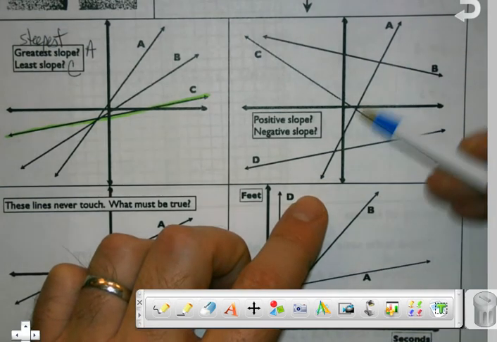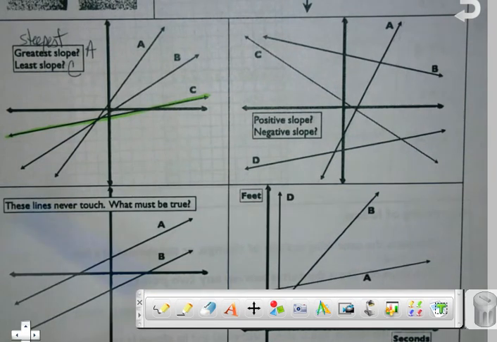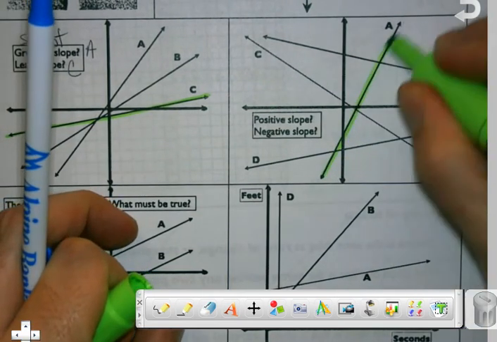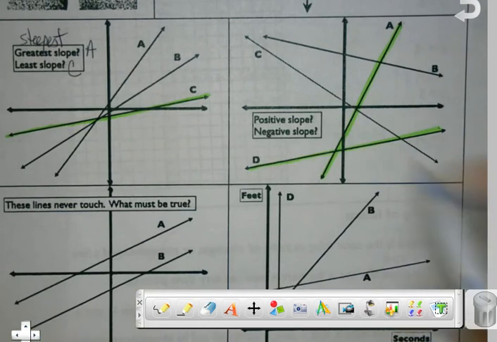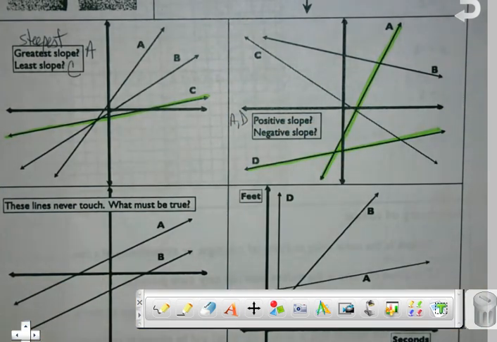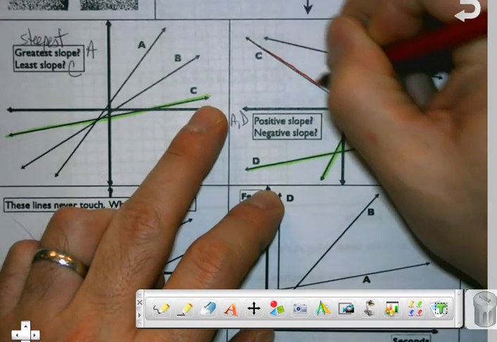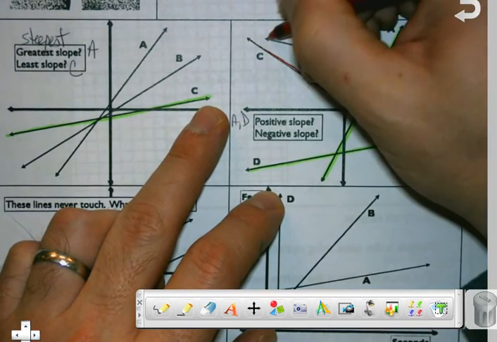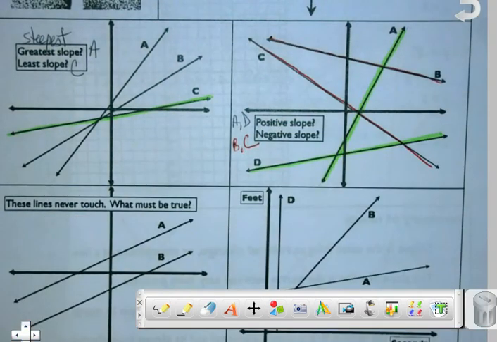Hint, if it goes up to the right, so A goes up to the right. D, not as much, but it still goes up to the right. So those are positive. And then my lines that go down as I go from left to right would be my negatives.